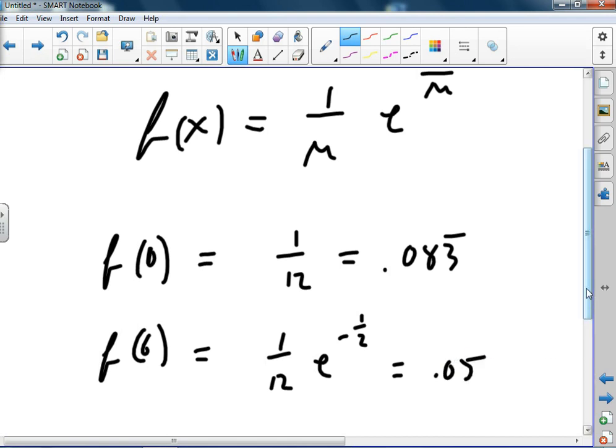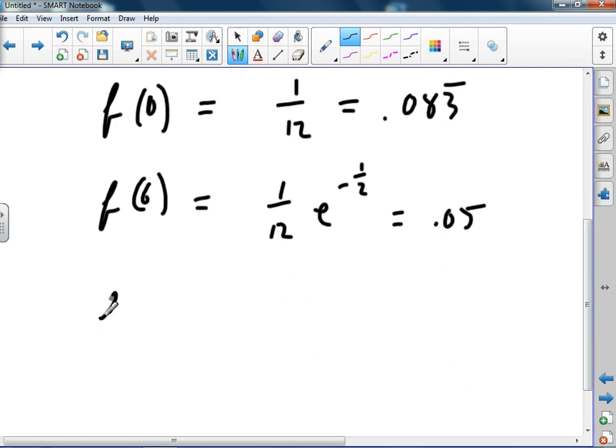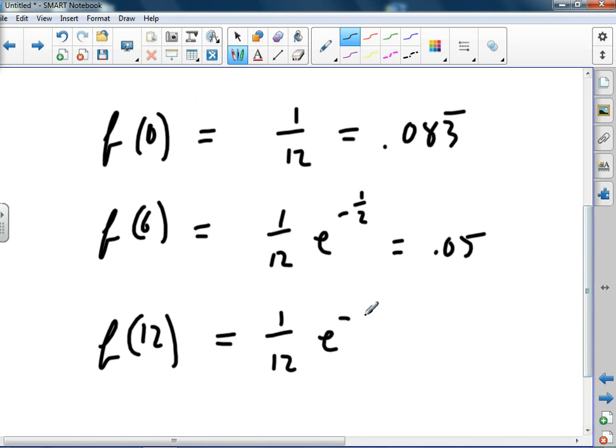And then we'll go f of 12. 1 over 12 e to the minus 1, that's 0.03.